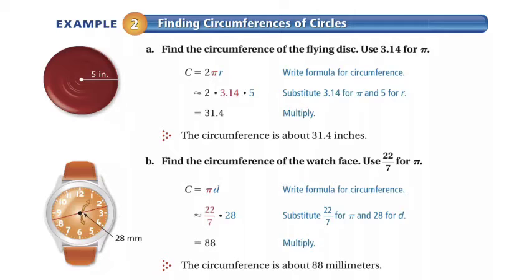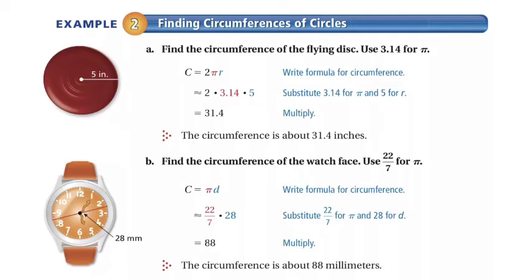Now for part B, this is the only time we're actually going to use, instead of 3.14, the fraction approximation, which is 22 sevenths. So we'll use the formula C equals pi d. Why will we choose that formula? Because they gave us the diameter for this circle. When they give us the radius, we'll use the other formula, but they gave us the diameter.